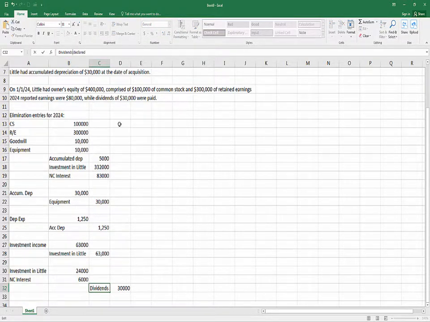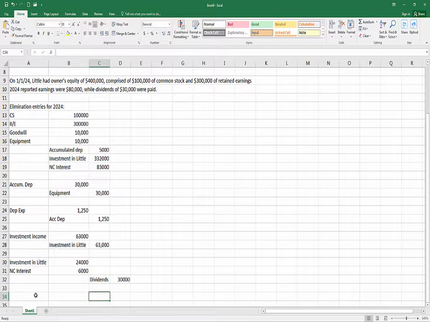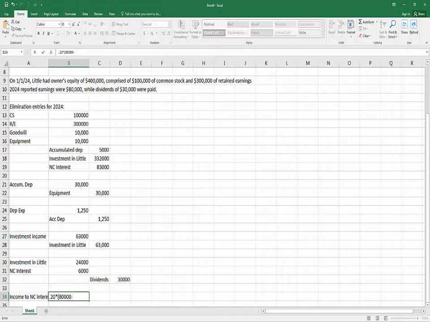Okay, last, the income to the non-controlling shareholders. Again, this should be the non-controlling shareholders' ownership or claim, 20% of the subsidiary's adjusted / realized earnings. We start with the reported earnings of $80,000, and we increase or decrease that in line with the previous elimination entries.